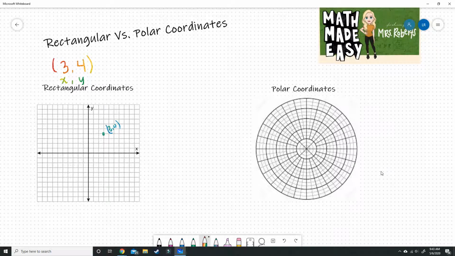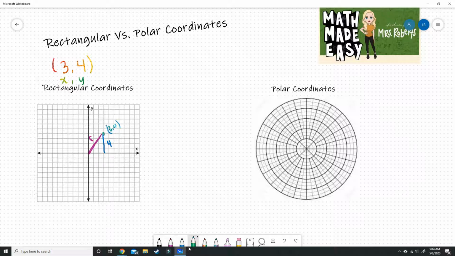So rectangular coordinates, we've been working with those since 4th grade. Now, the cool thing about rectangular coordinates is I could draw a triangle using this. If I make my triangle coming out of the origin like I always do, this distance here would be r. That would be my radius. This distance here would be my vertical component, which is 4.